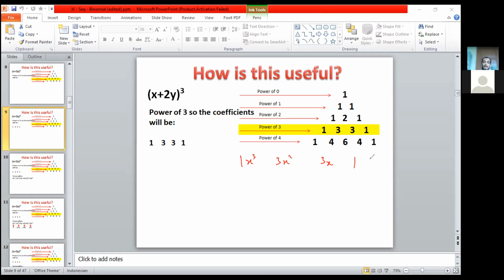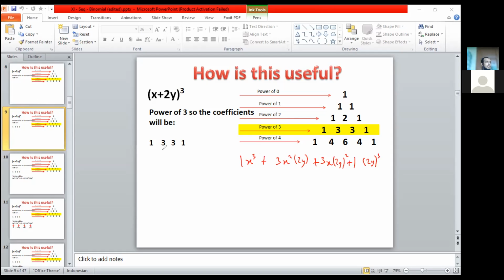And then for y, from the last term, we have 2y to the power of 3, and then 2y squared, and then 2y, and nothing in the first term.